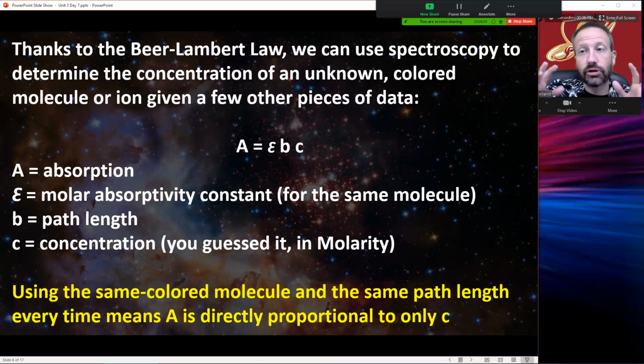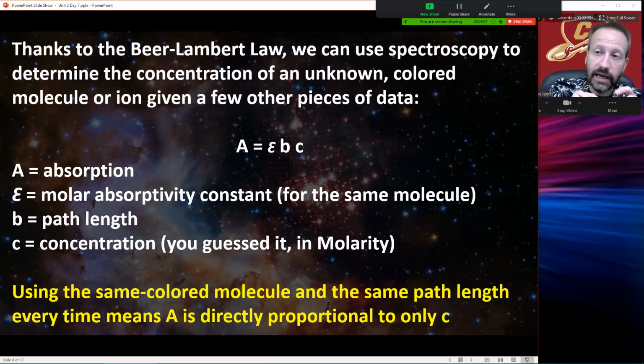But thanks to all the work of these chemists, we can use spectroscopy. That is a measurement of the light that's absorbed to determine the concentration of some unknown colored molecule. And we only need to be given a few pieces of information. Now let me pause here for a moment.